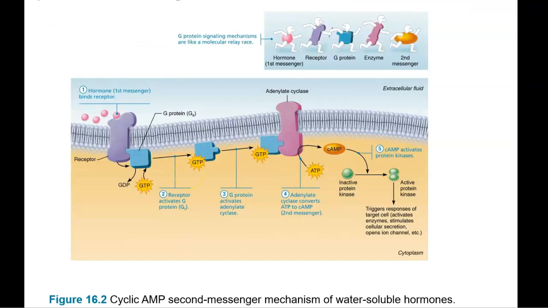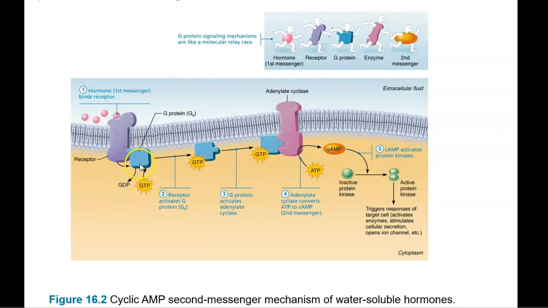So here's the model for the cyclic AMP second messenger mechanism of water-soluble hormones. If we start here with the first messenger, which is going to be the hormone binding to the receptor, that's going to then activate the G protein. When the G protein is active, it's going to swap the GDP for GTP.